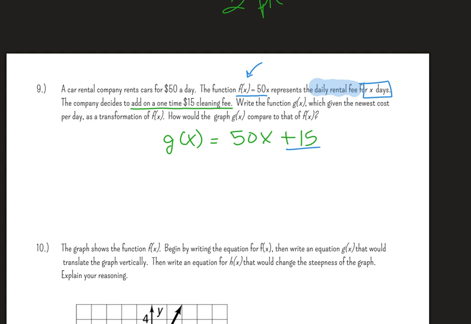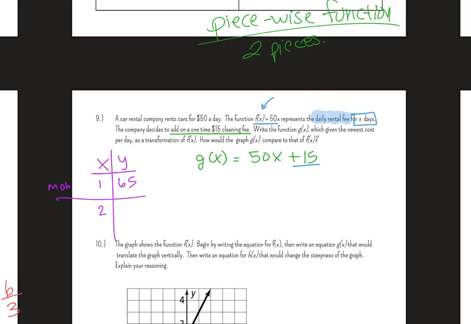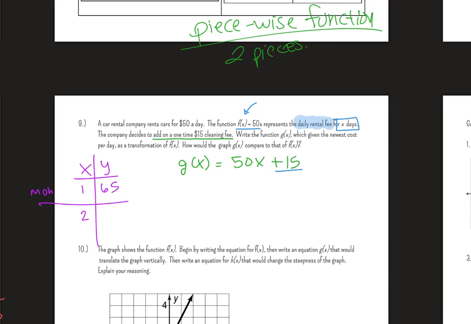Because, let's prove this to ourselves. So we have X, we have Y. If you came in on Monday and you wash one car, it's going to be $65. And then if you come in for 2 days, you will have paid, let's see, $115. So how's that different?